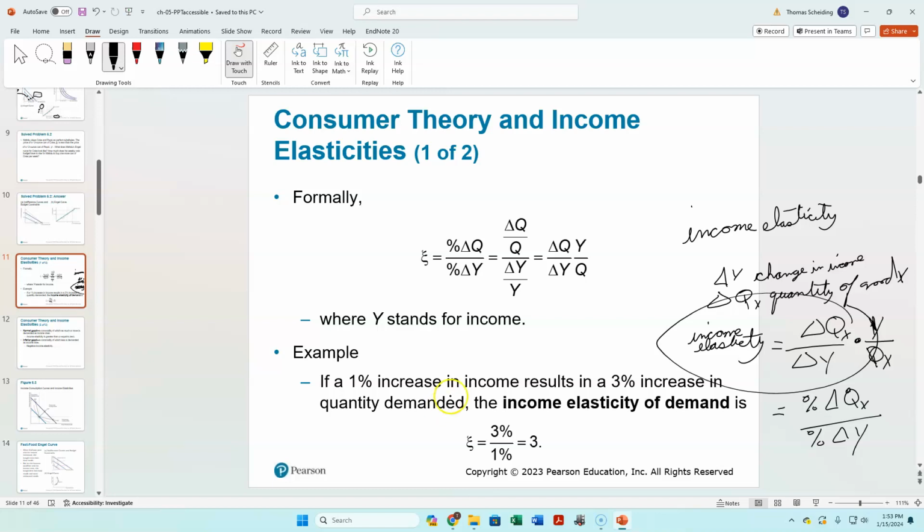Which we can just see here in this very simple example. They're just putting a 1 in the denominator and then a 3 in the numerator. That symbol, it's just a Greek symbol that they're using for income elasticity. You don't have to use that one, you use whatever you want.